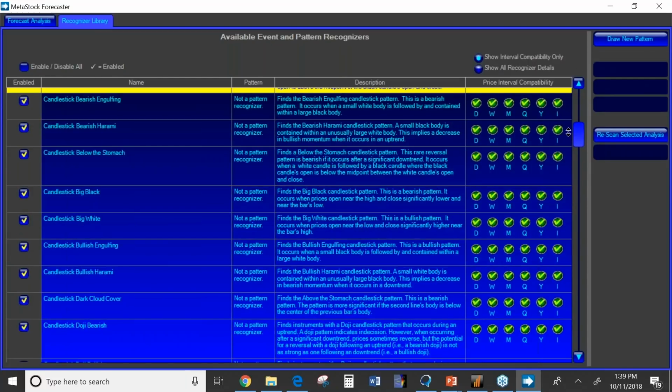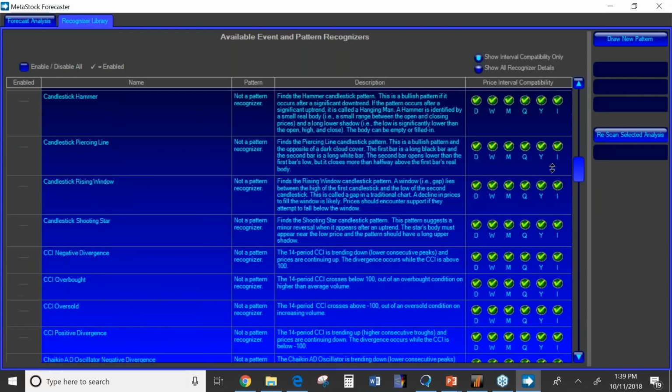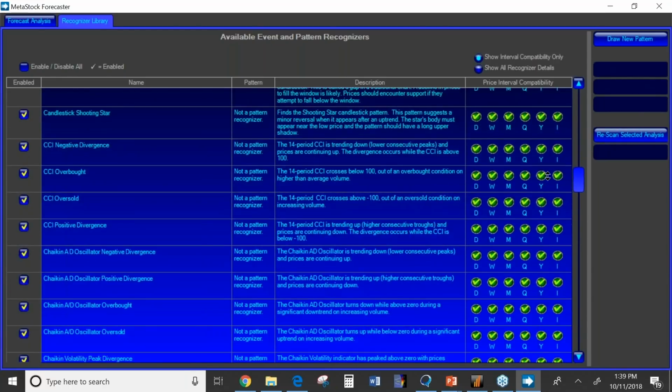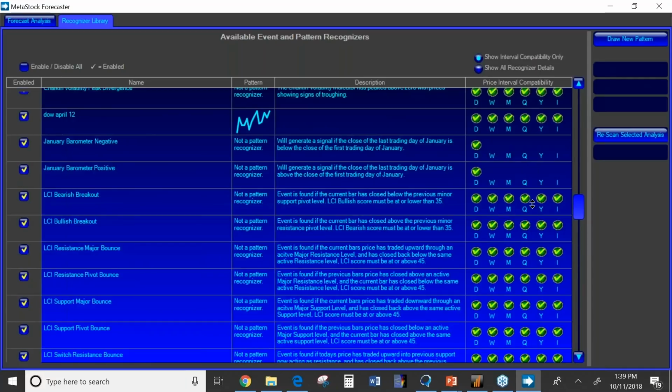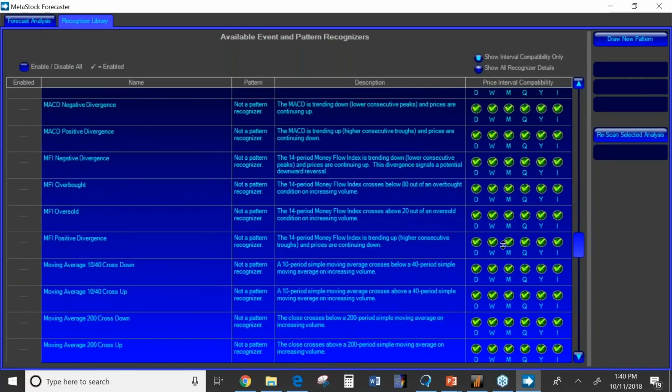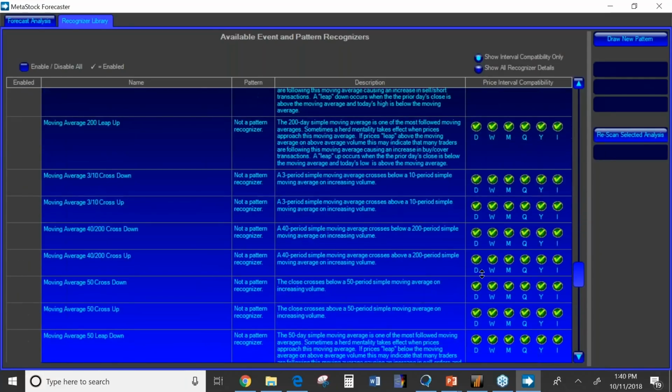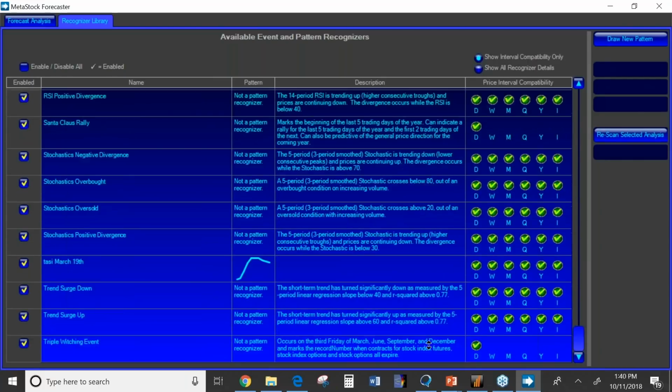As I go through the list, you'll see it's looking for negative or positive divergence in the CCI, or the CCI being overbought or oversold, or an oscillator with negative divergence to price. There are quite a few of these built into the program, and we're just scrolling through the list to give you an idea of what they are. I'm going to go back to the chart and show you what this does.